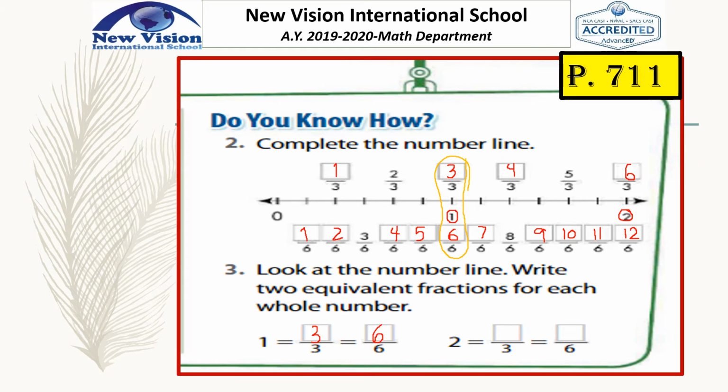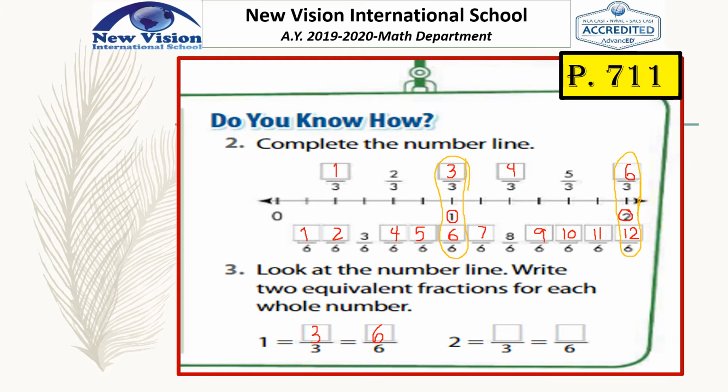Now, what about for the whole number 2? What do you think is the numerator for the fraction with the denominator 3? What is it? Okay, so as you can see here, we have the whole number 2, and these fractions here have the same point on the number line.